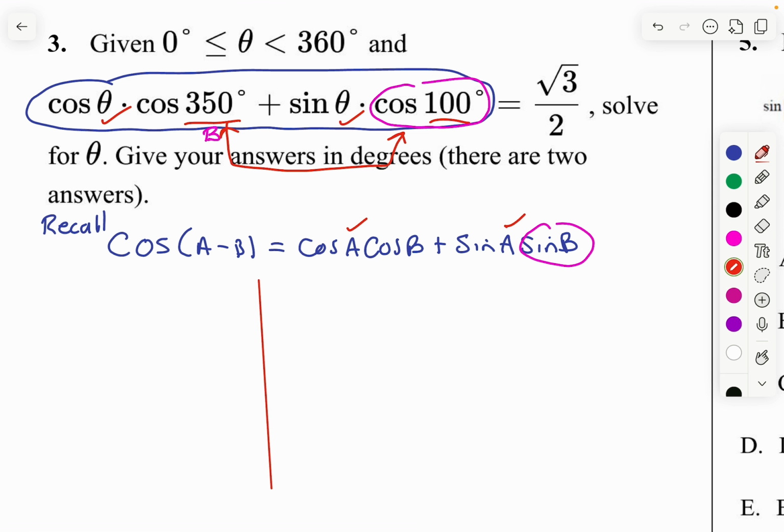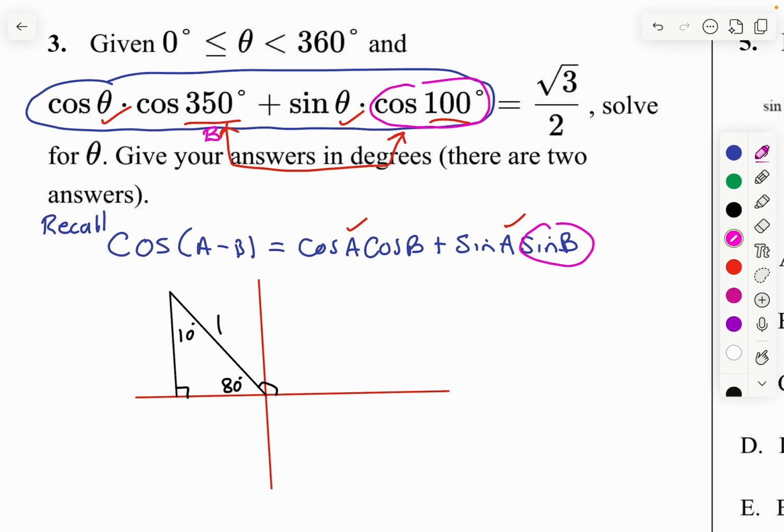So, cosine of 350 degrees and cosine of 100 degrees. If I sketch cosine of 100 degrees, that's like rotating 90 plus an extra 10. So then this angle here must be 80 degrees. Let's say I'm on the unit circle. That's 10 degrees.